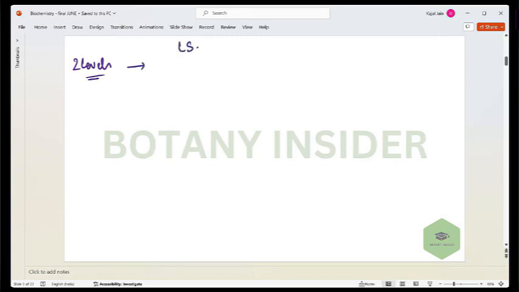One is you get LS, one is you get JRF. In JRF, LS is automatically included, right? What is LS? What is JRF? JRF is Junior Research Fellowship and LS is lectureship. If you qualify for lectureship, you'll be eligible for applying in the colleges as a guest lecturer. Okay, you'll not be getting the JRF amount if you enroll in the PhD.